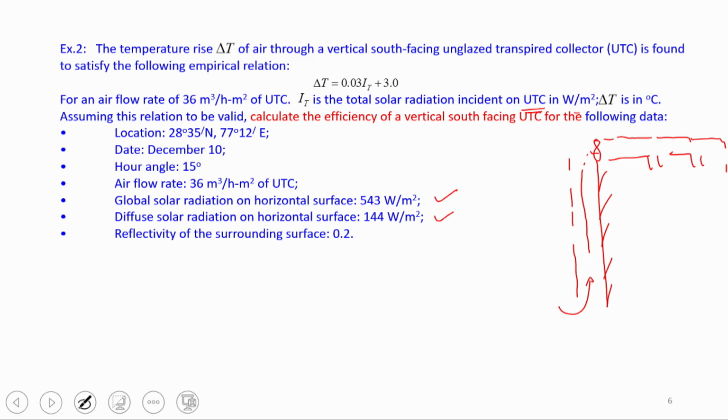Location is given to you, then the hour angle and airflow are given, then global solar radiation and diffuse radiations are given, and of course, the reflectivity of the surrounding surfaces is 0.2. Normally, we consider 0.2 in most of the calculations.